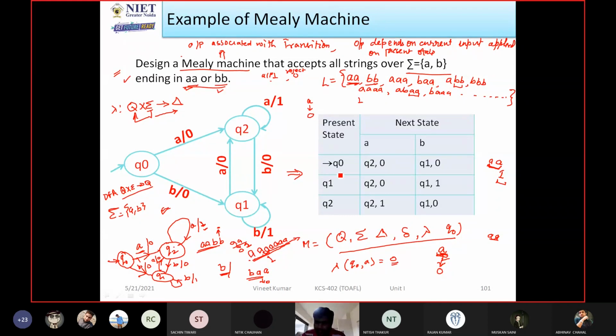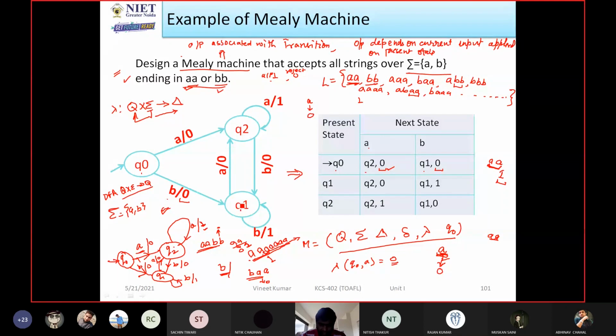See here, Q0 of A goes to Q2 and the output is 0. So output 0 is associated. Similarly, Q0 of B goes to Q1 and the output is 0.